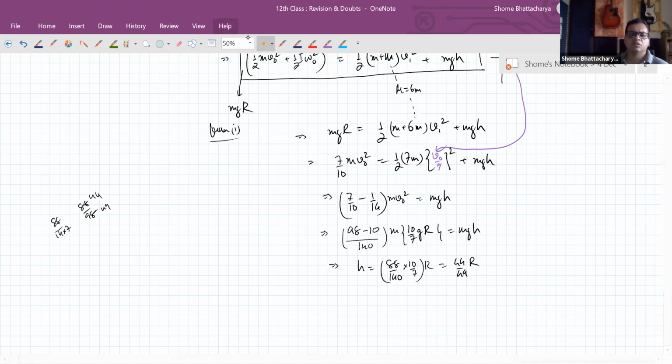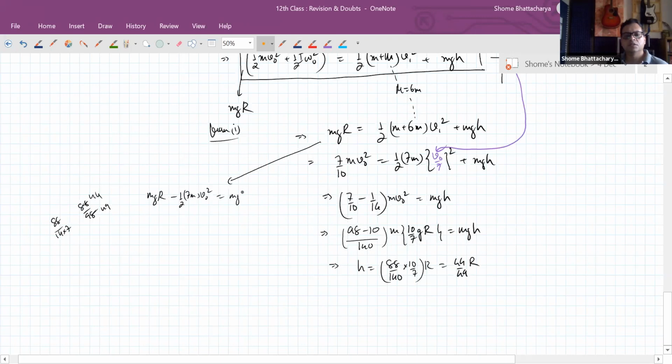I mean, there are several ways of doing this calculation actually. You can also do it this way, that to keep this mgr the same, minus 7m into v naught square is equal to mgh.